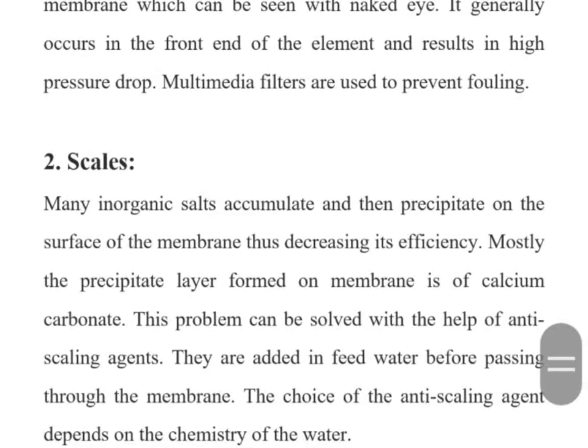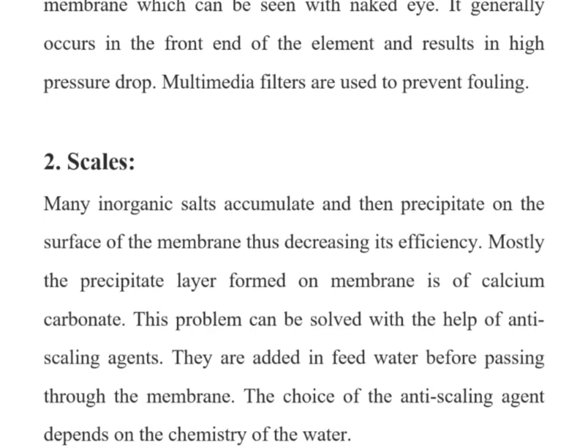Now there are some problems which take place with RO membranes when we don't go through the proper treatment of the membranes. First one is fouling. Fouling is the contamination of chemicals on the surface of the membranes, which can be seen with the naked eye. It may be due to different chemical reactions or different inorganic salts which are found in water.